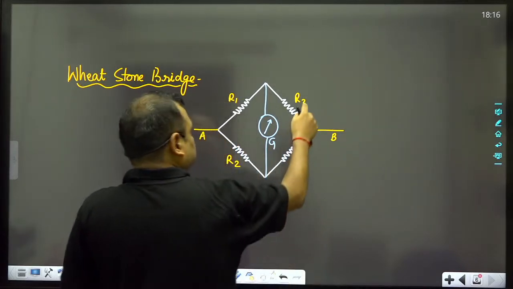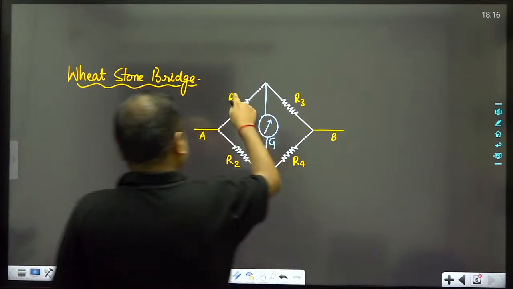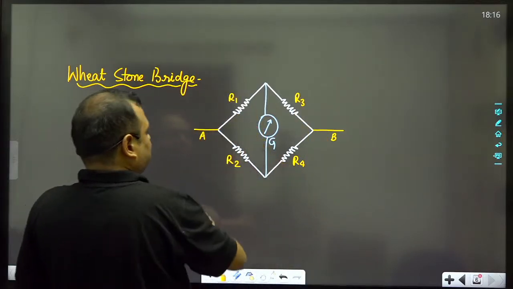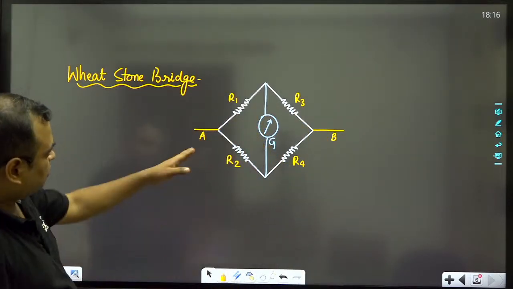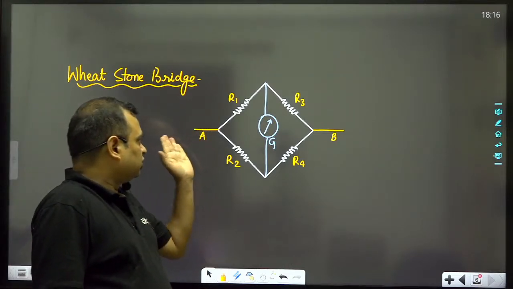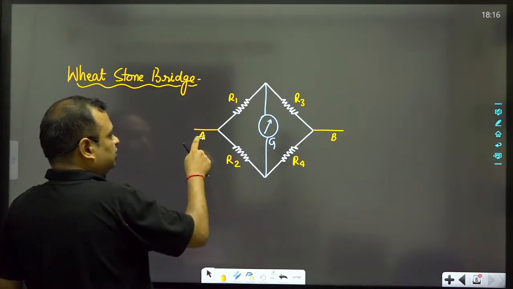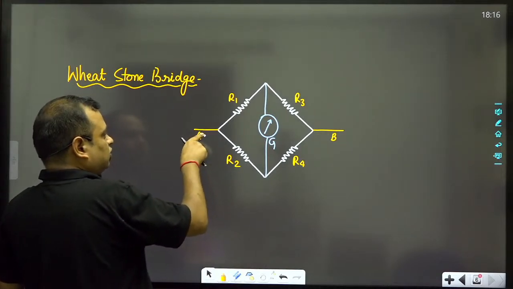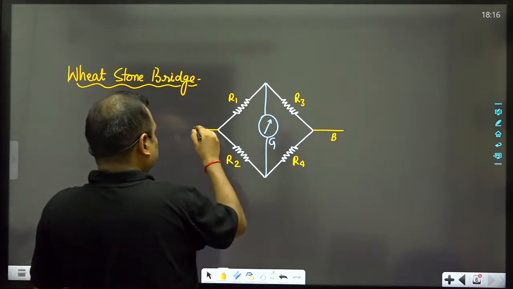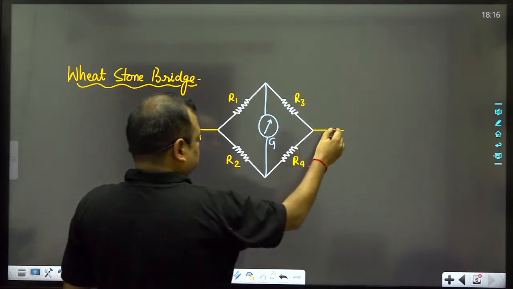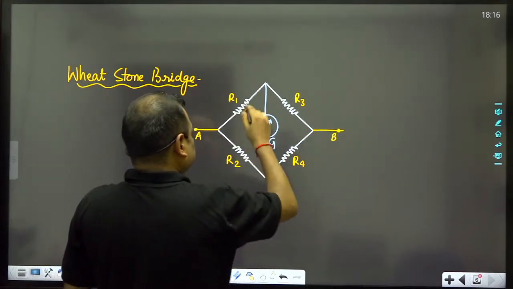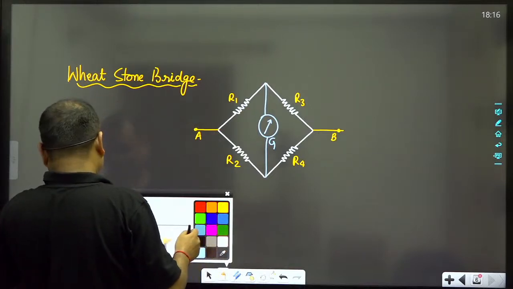Here we will see how we can calculate the value of the resistance across A and B.